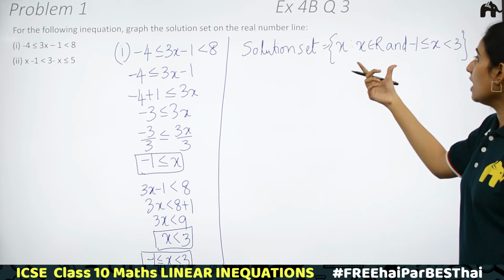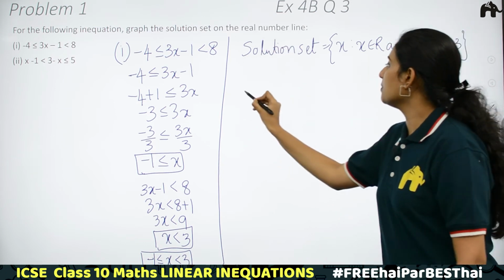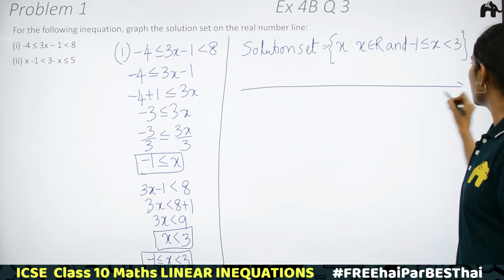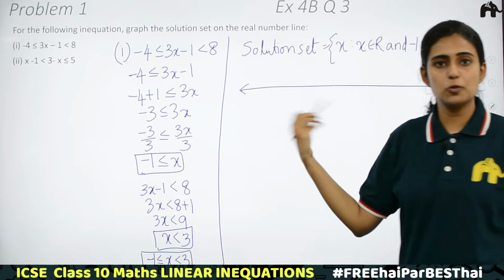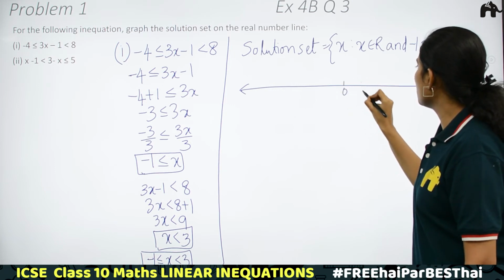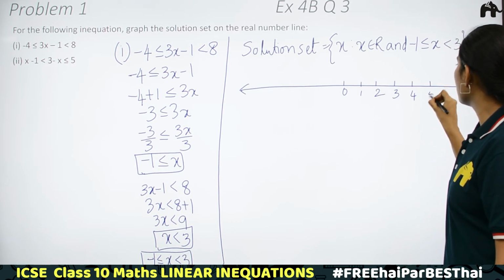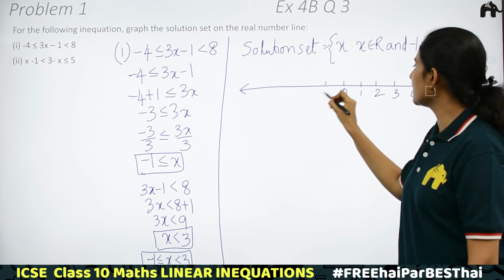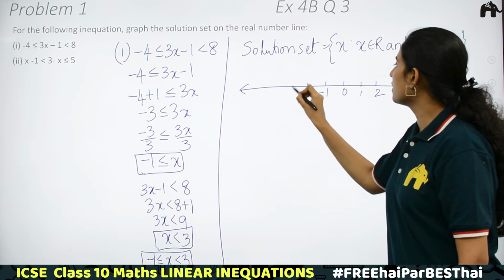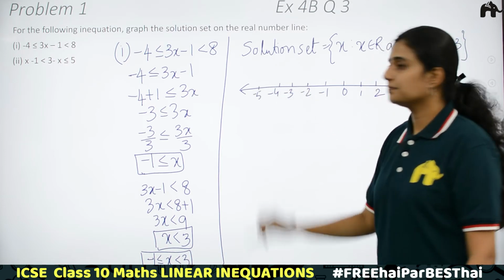Now, let's represent the solution on a real number line. Draw a number line, extend on both sides to infinity. Mark the points 0, 1, 2, 3, 4, 5. Here minus 1, minus 2, minus 3, minus 4, minus 5.